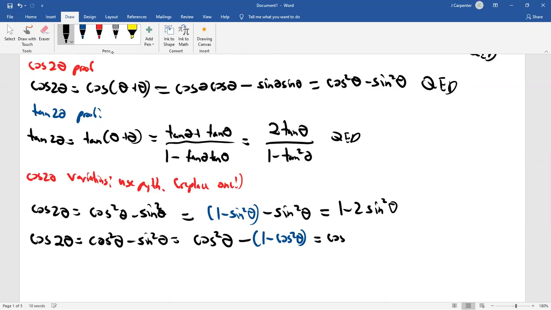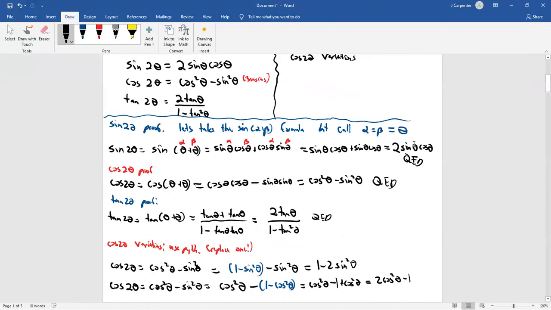You get cosine squared theta minus 1 plus cosine squared theta. Well, there's 2 of those, so that would give you 2 cosine squared theta minus 1. And that will be the right-hand side of the third version of the formula, aka the second variation.